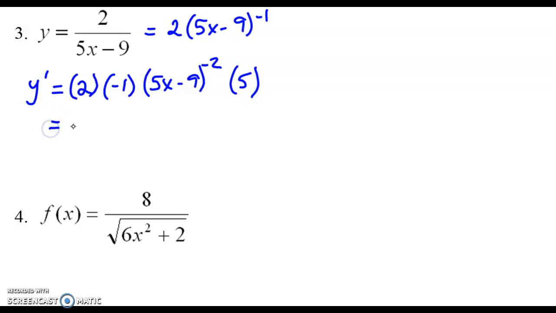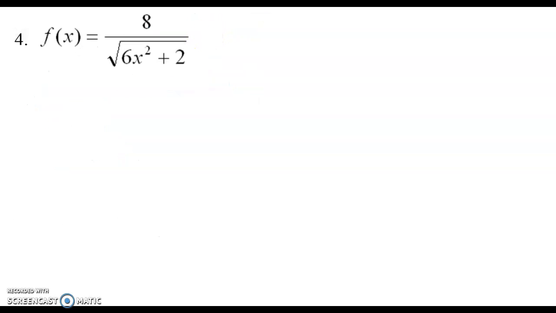Then when I go to simplify that, 2 times negative 1 times 5 is negative 10, all divided by, because there's a negative exponent here, 5x minus 9, and it will be to the power of 2. Looks good. Okay, on to number 4. This function equals 8 multiplied by 6x squared plus 2.